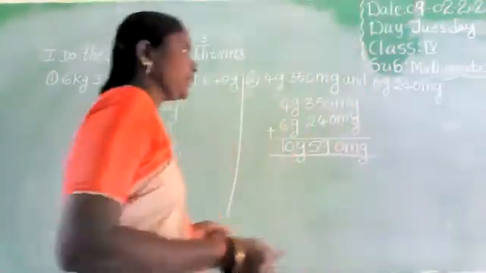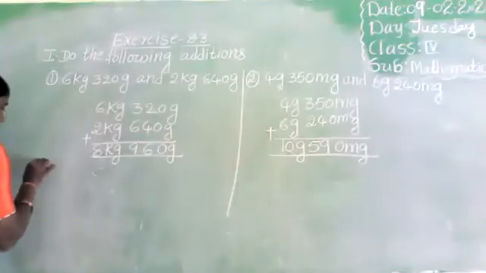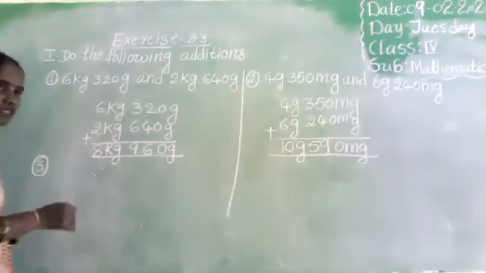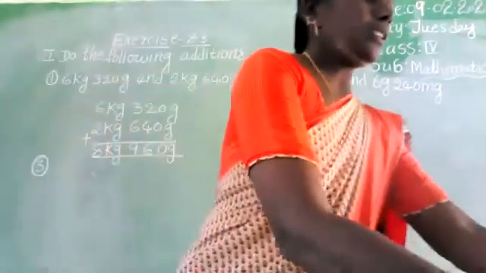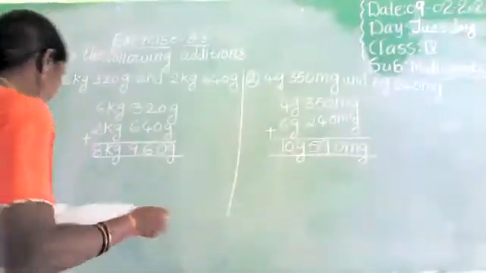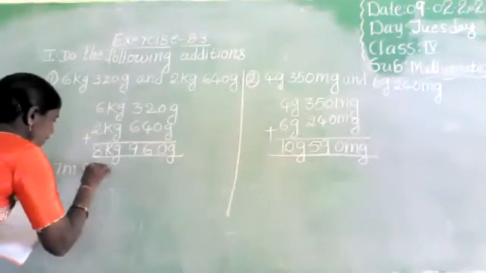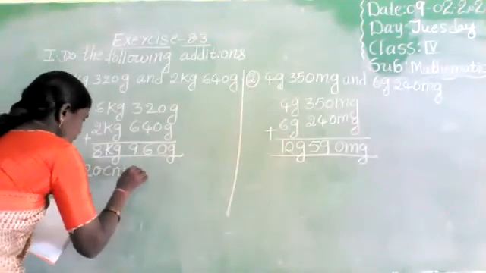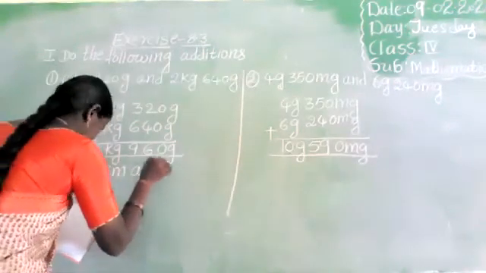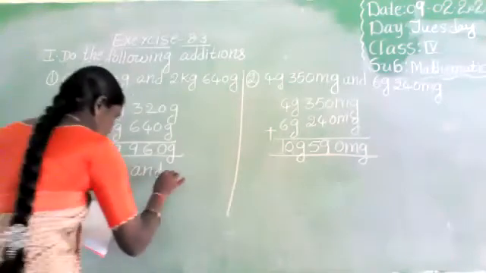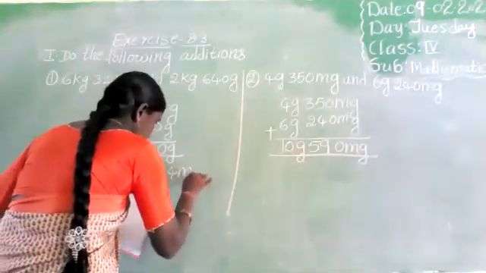Next, third one. Third one is 7 meters 20 centimeters, and 4 meters 55 centimeters.